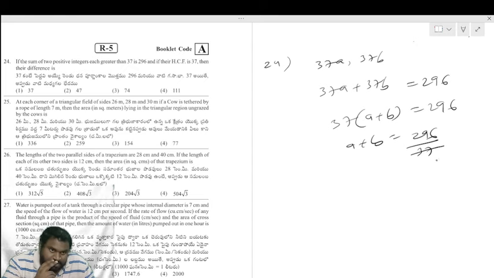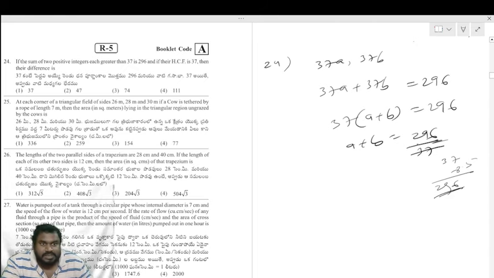How many times will it go? 8 times, check, because it is ending with 6, 7 8s are 56. Just verify like that. 296 is going, so it means 8 times. So A plus B is equal to 8. So divide that into two co-prime numbers: 3 and 5.